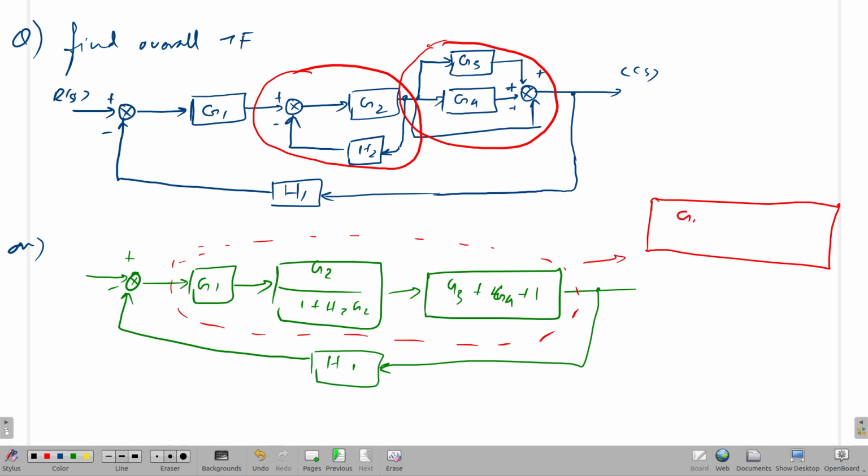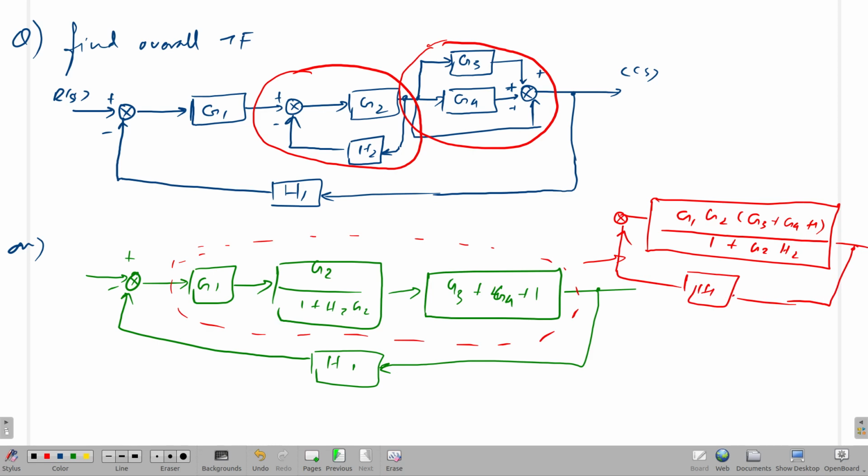It will be G1 G2 into G3 plus G4 plus 1, the whole divided by 1 plus G2 H2, and that will be fed back with this H1. Now you have to find the overall transfer function for this particular one. How do you do that?